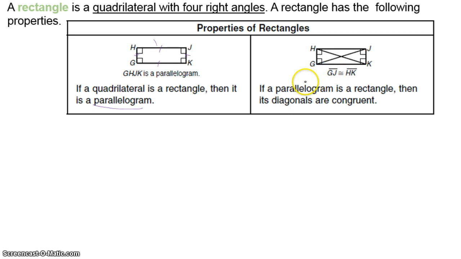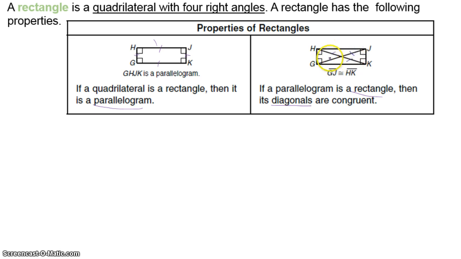Over here, our second property that we'll look at: if a parallelogram is a rectangle, then its diagonals are congruent. So now, not only do they bisect each other, but now they're congruent to each other. So if we bring in those 2 properties, what we end up with is 4 segments in here that are congruent to each other.